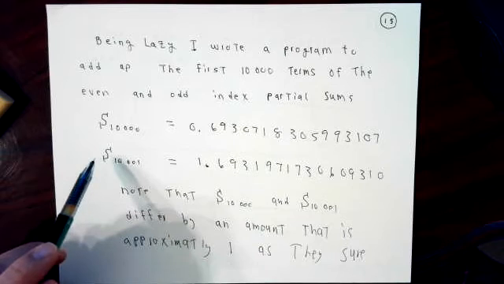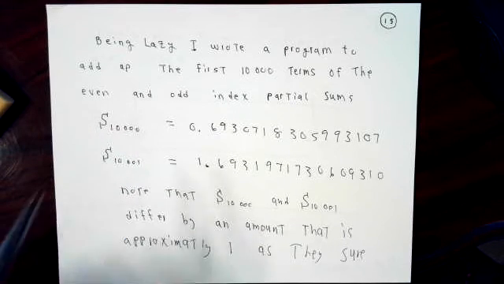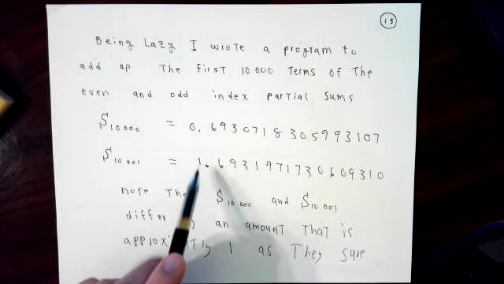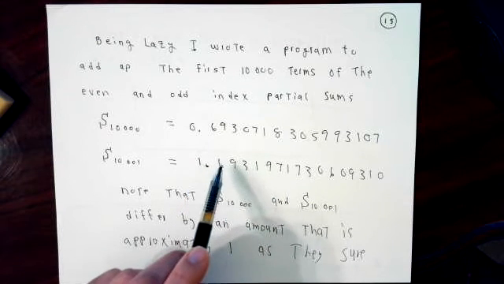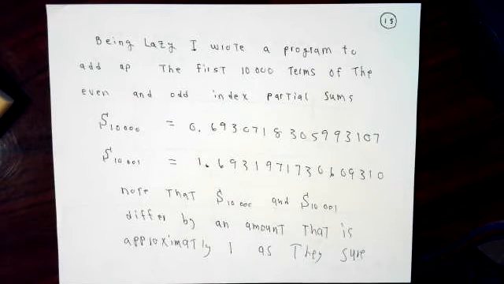If you subtract S number 10,001 minus S number 10,000, what you get back is 1.003 and some other numbers. It's practically 1, and that's what we said we expected to happen. I could probably make these digits agree more if I did more than 10,000 and 10,001 terms, but I think this is enough to show you what I mean here.